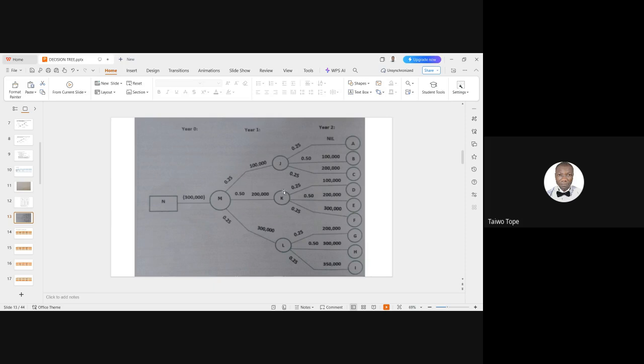So you get your combined expected net present value for nodes J, K, and L. Your result of J, which is negative 126,500, multiplied by the probability, gives you what? Your expected negative 31,625. For K, your outcome is 47,000 in relation to 0.50. 23,500.